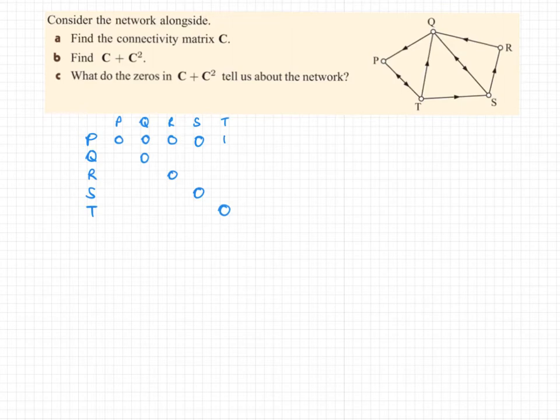So Q to P, we can see a connection there in the directed network. Q to R is 0. Q to S, 1, and T. So if we just complete this matrix, 0, 1. Alright, so now we've got our connectivity matrix for part A.